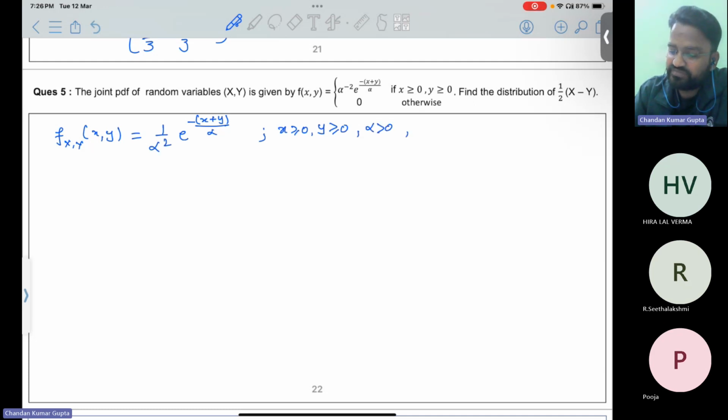We need to find the distribution of half of X minus Y.